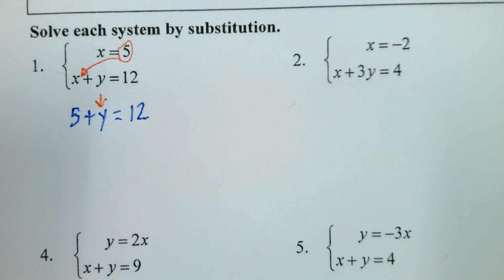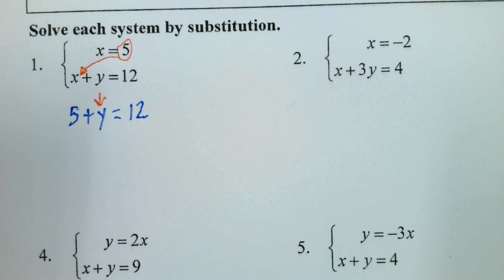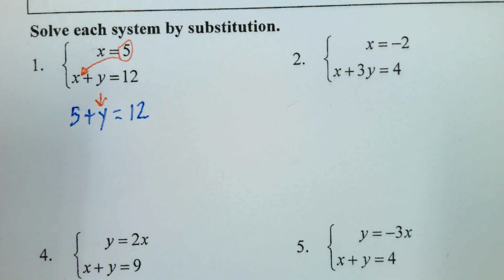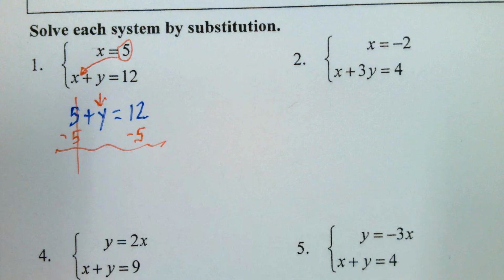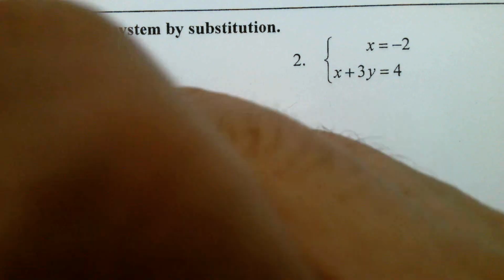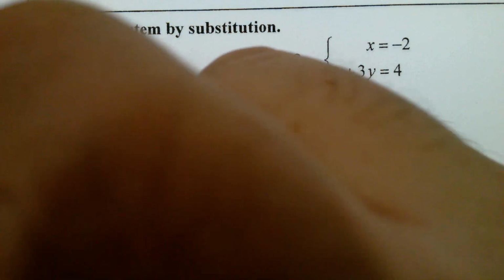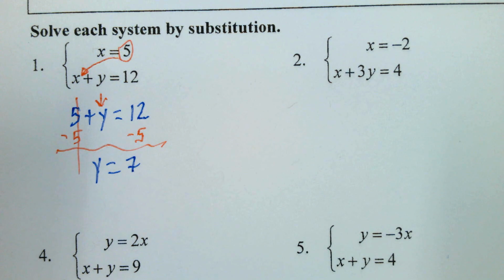So now I'm going to write this as 5 plus y equals 12. And it's a very simple one-step equation. Get rid of the 5, you get your answer. And I end up with y equals 12 minus 5, which is 7. So now I know what y is.